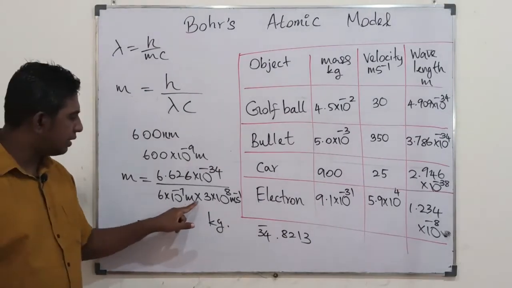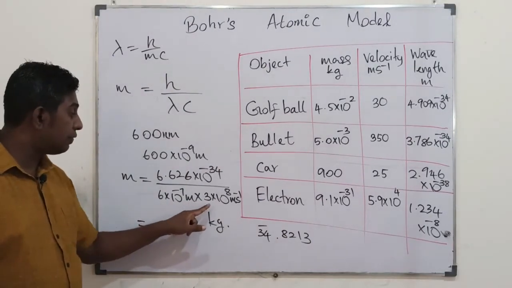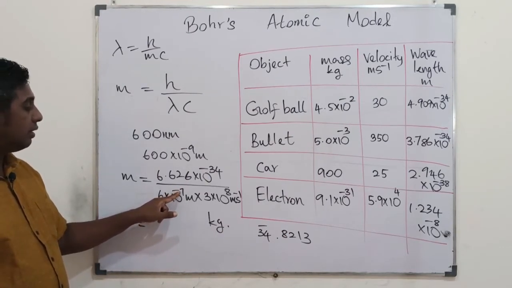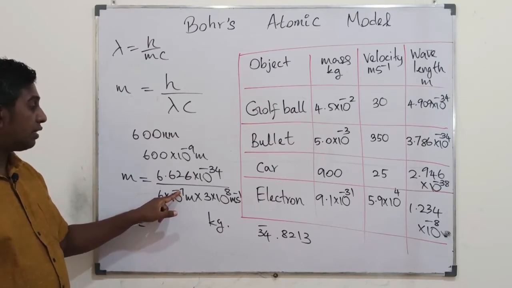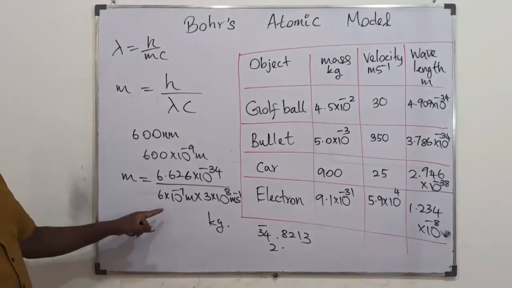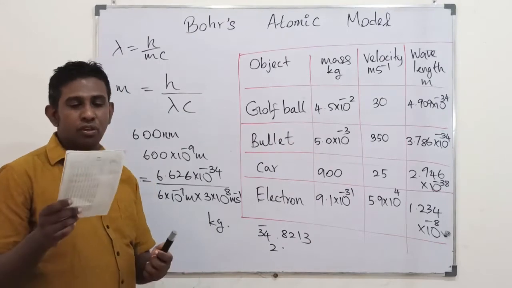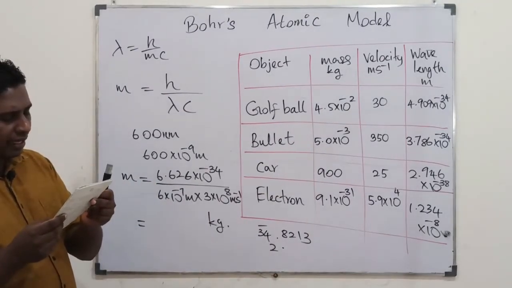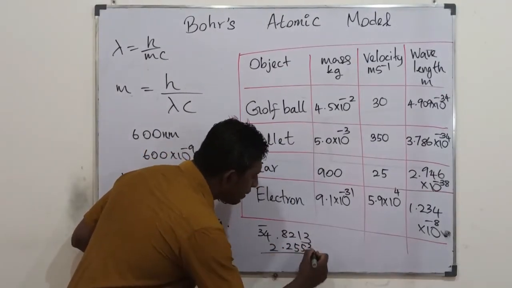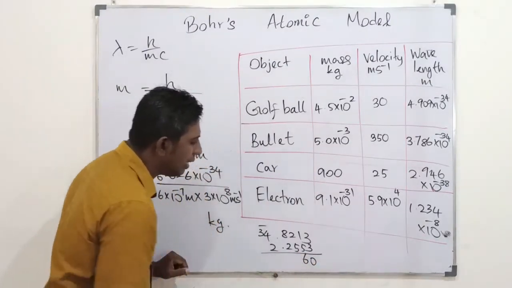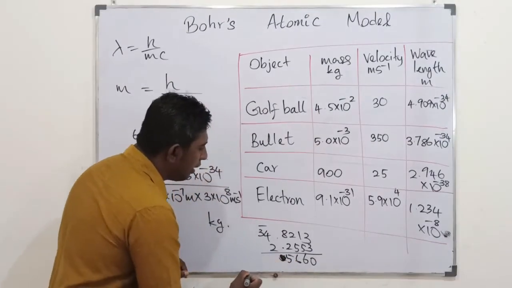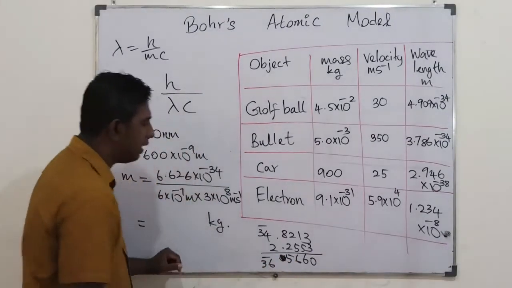Then in the multiplication, the product of 6 into 3 is 18, so it makes 10 to the power minus 6 plus 10 to the power plus 8, which is plus 2. So it is 1.8, meaning the log of 18 is 2553. So let's substitute here 2553 and subtract. It's 0, it's 6 here, it's 5 here, it's bar 36 here.